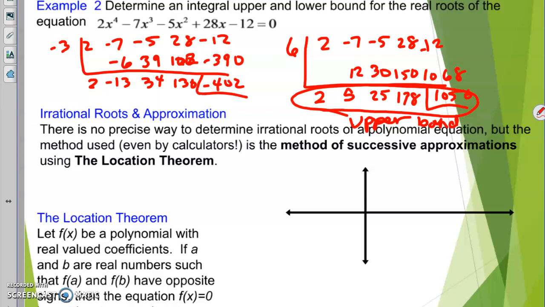And if you look at that, it alternates positive, negative, positive, negative. And so we got a positive, positive.